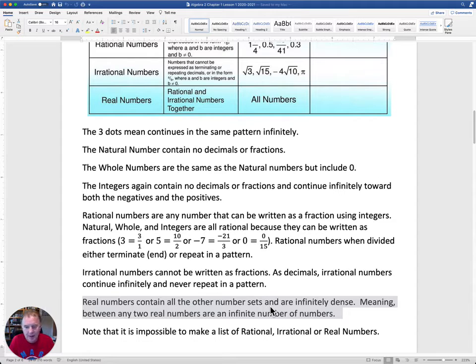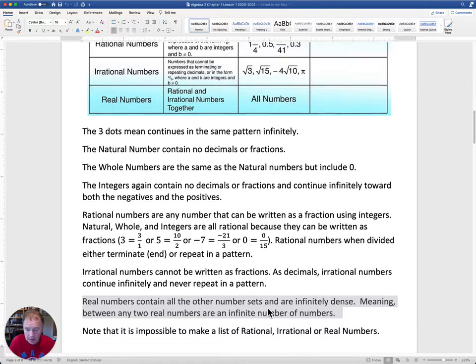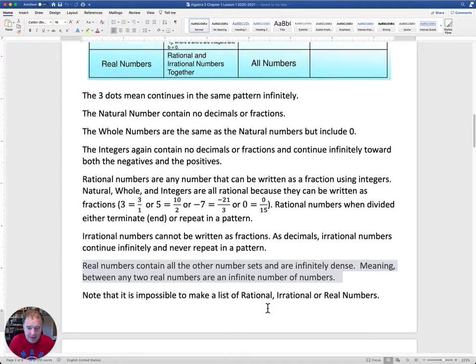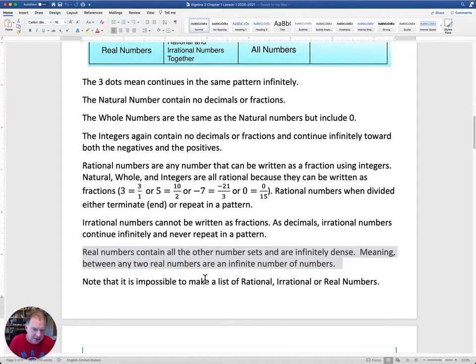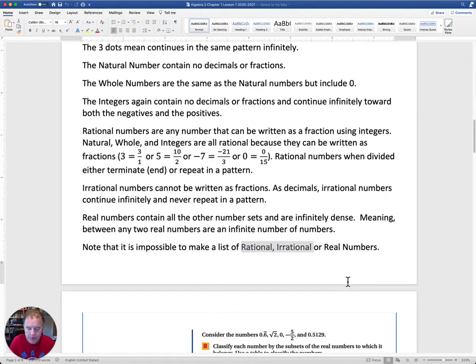I can pick any number like 1 and 2, and there's an infinite number between them, like 1.1, 1.11, 1.111, 1.1111. I can keep going forever. And I can pick any two, like 1 and 1.1. There's an infinite number of numbers between those two. They're infinitely dense. And again, you can't make a list of them. Neither can you of the rational numbers, the fractions, the irrational numbers, or the real numbers.